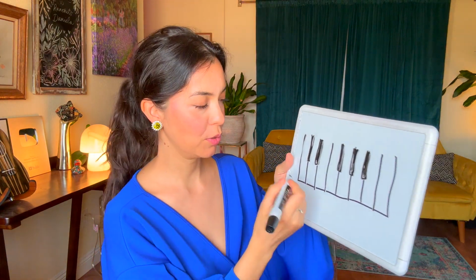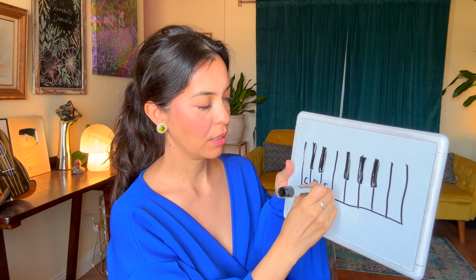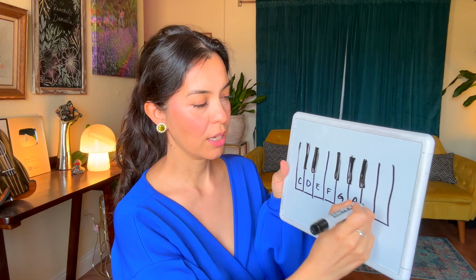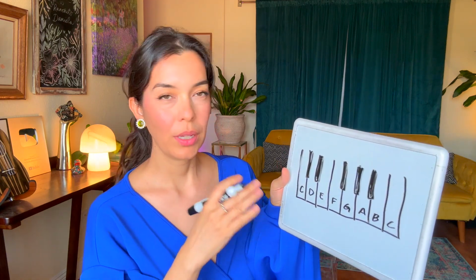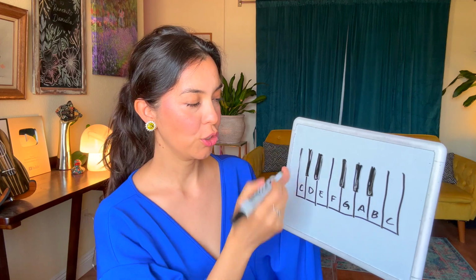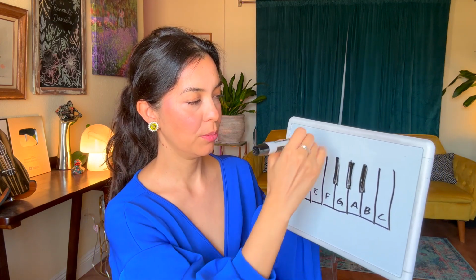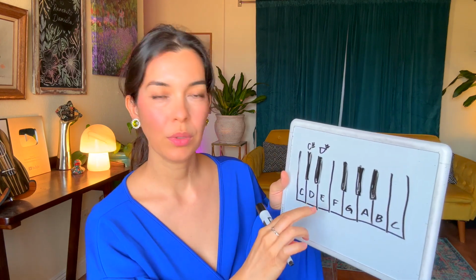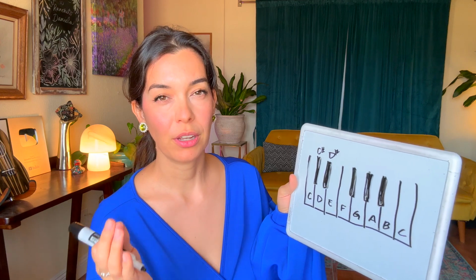Well, when we add our letters or our note names to the white keys, we have C, D, E, F, G, A, B, and back to C. When we add our sharp names, C sharp, D sharp, because it's raised a half step, we wouldn't know that E goes straight into F by just looking at our fretted instrument.